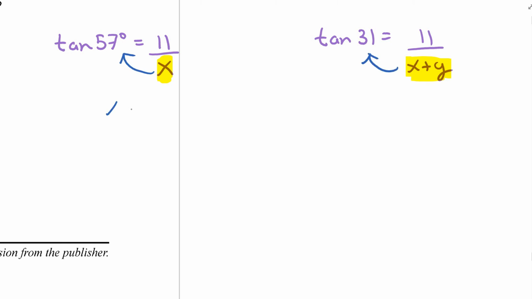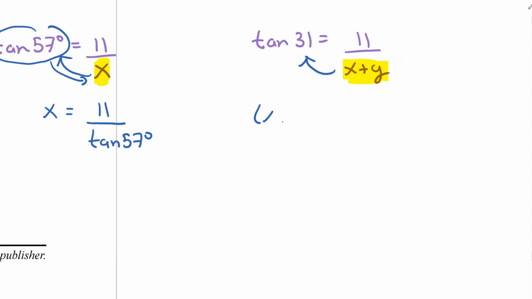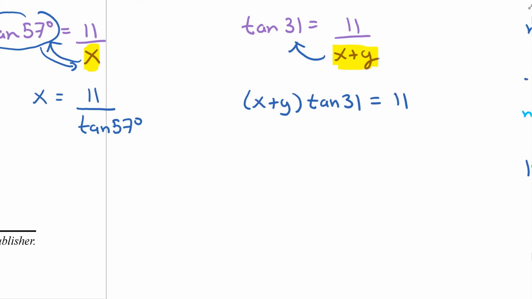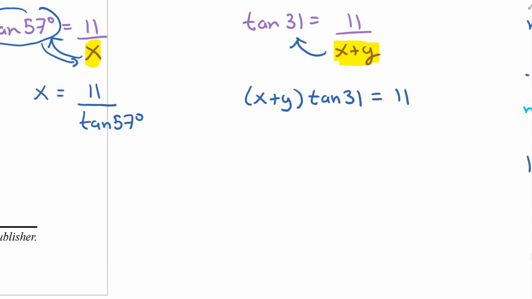So this is x equals 11 over tan 57, and I'm going to interchange these, so for the other one I'll have x plus y times tan 31 equals 11. These are my two new equations, so let's solve this.